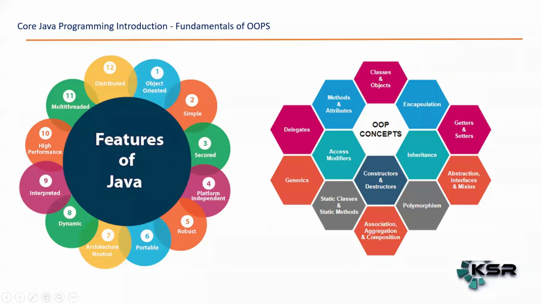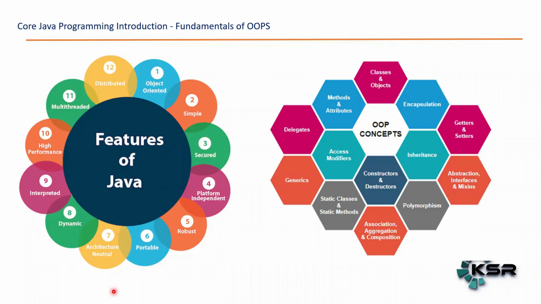What are the features? Object oriented in nature, very simple, secured, platform independent, robust, right? Memory collections are there, secured through multiple ways, using your data members, encapsulation and everything. Portability, I mean, you can run it anywhere.